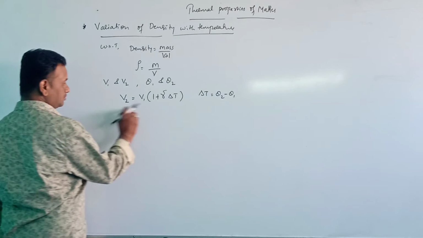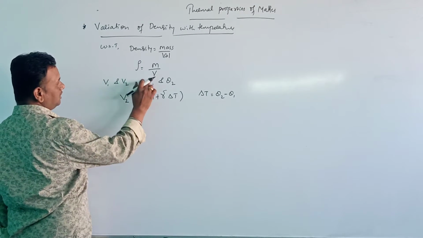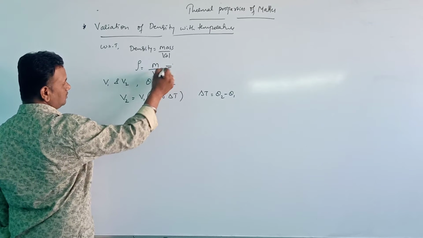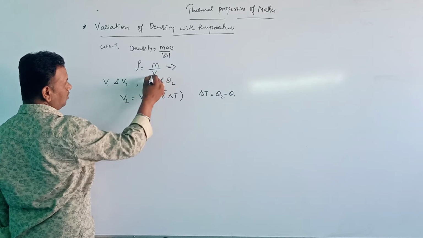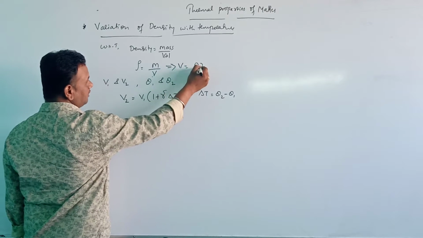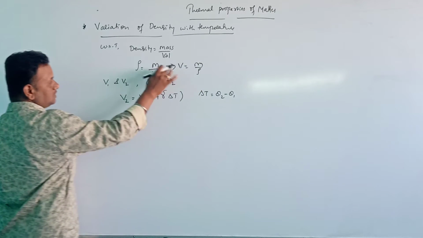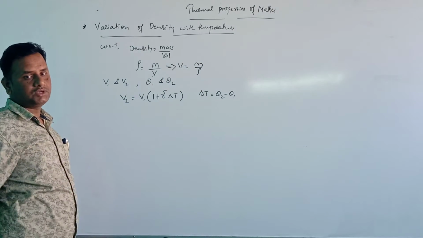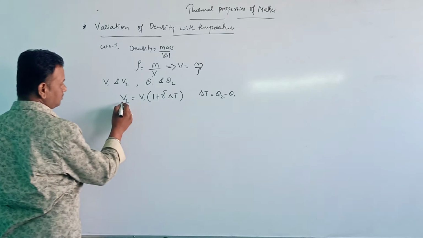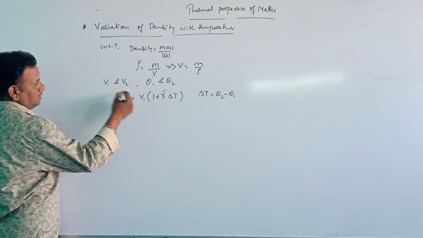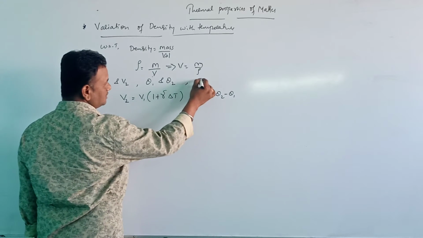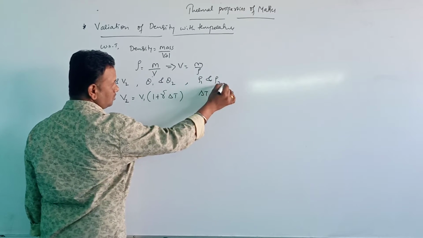Now we can also write volume V is equal to m by rho. So the bodies have densities rho 1 and rho 2.